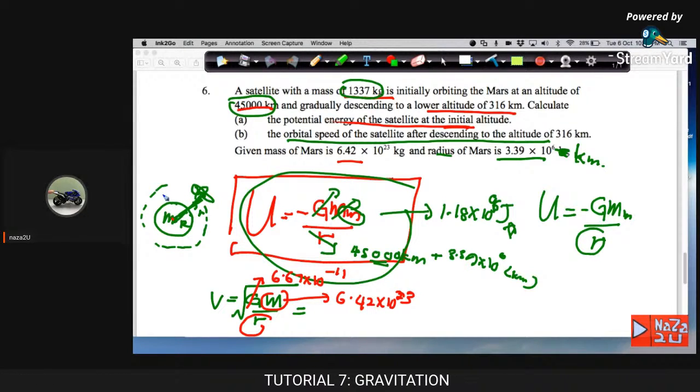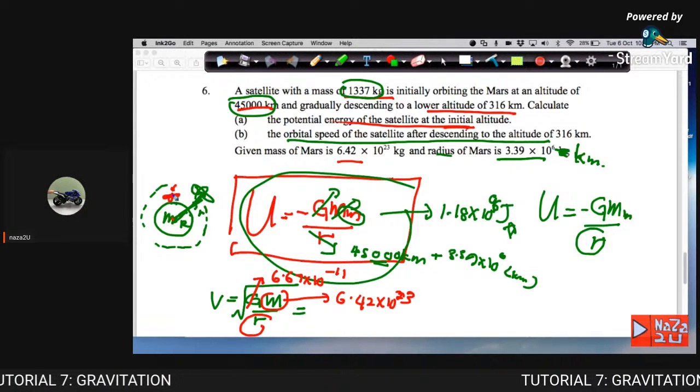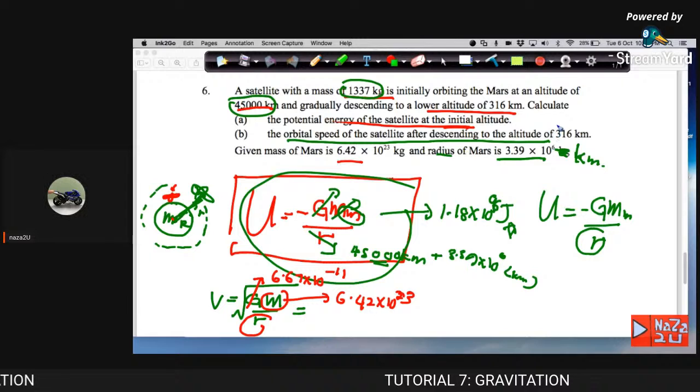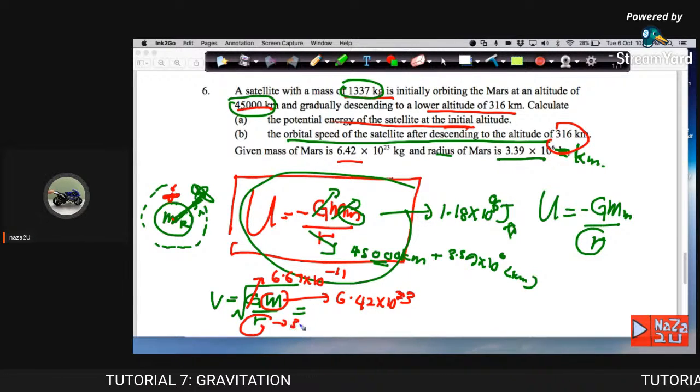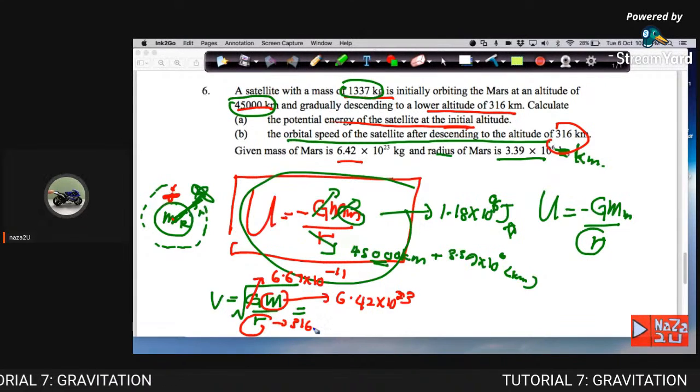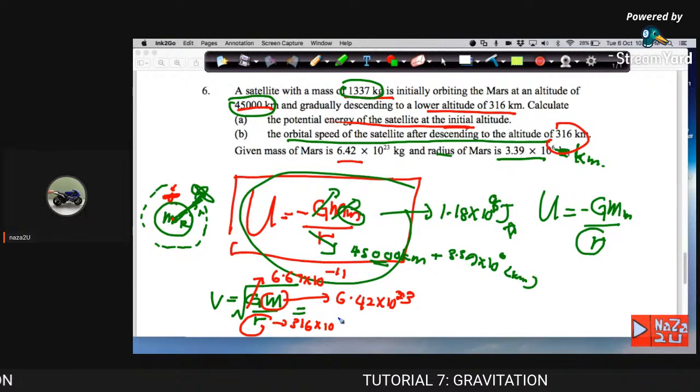Satellite itu sudah turun ke bawah, lebih dekat dengan permukaan planet ini, pada jarak berapa? 316 km, times 10 power of 3 plus apa?